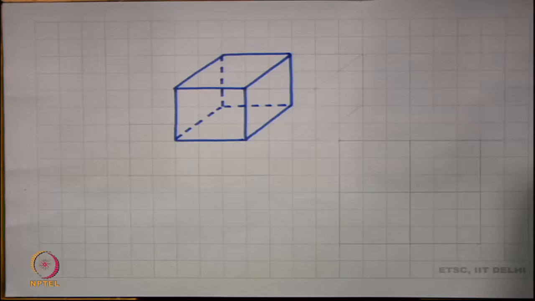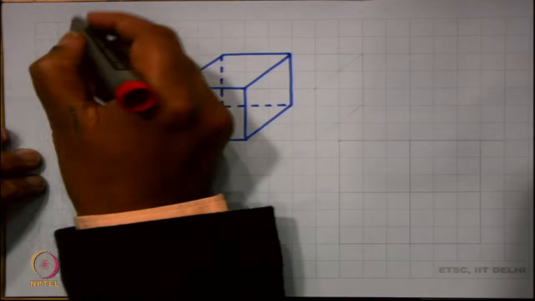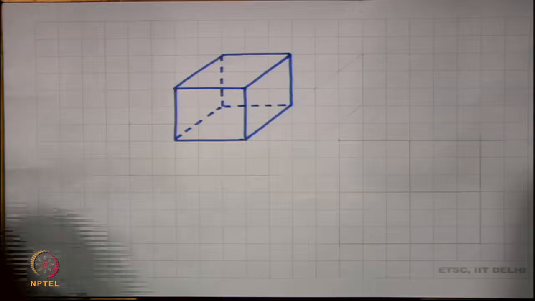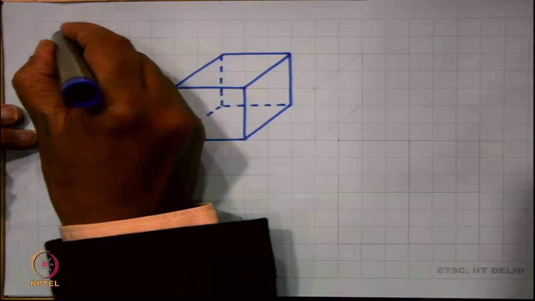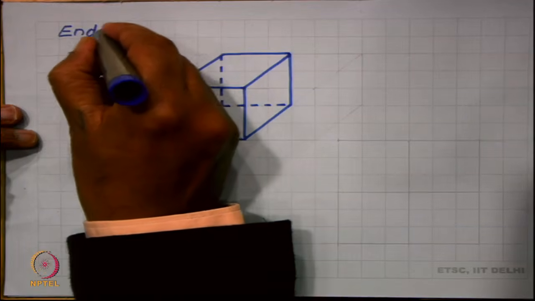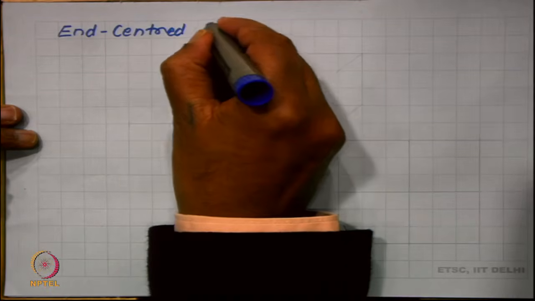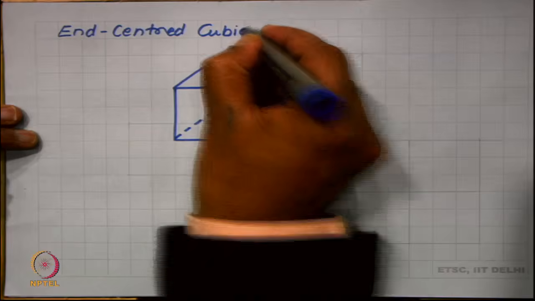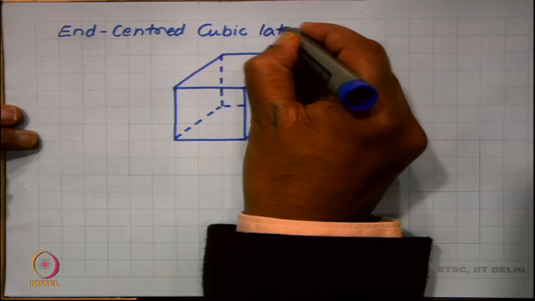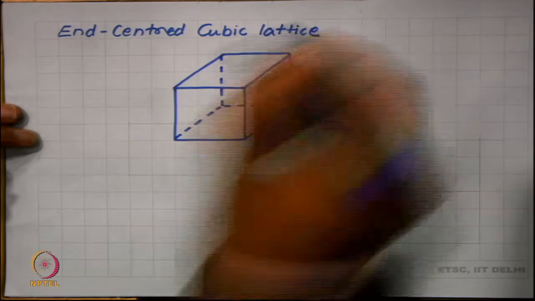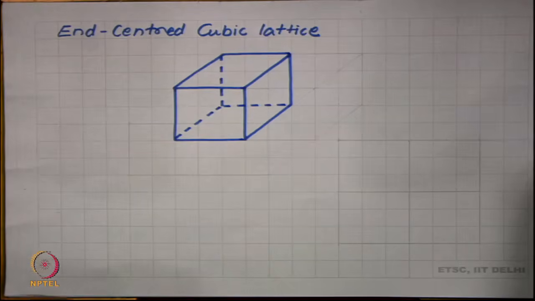So, let us look at what we mean by an end centered cubic lattice. So, here is a cube.